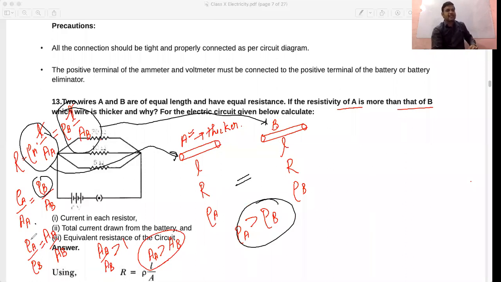So if the numerator is larger and the denominator is smaller, then this value is going to be greater than 1. We'll send it to this side, and it becomes: the area of cross section A is greater than the area of cross section of B. So it means wire A is thicker than B.